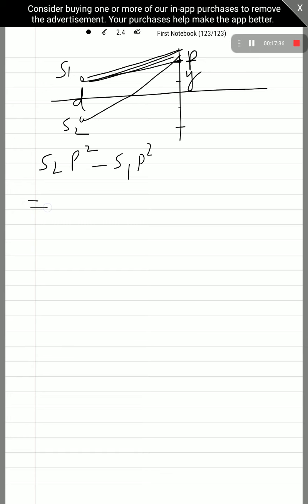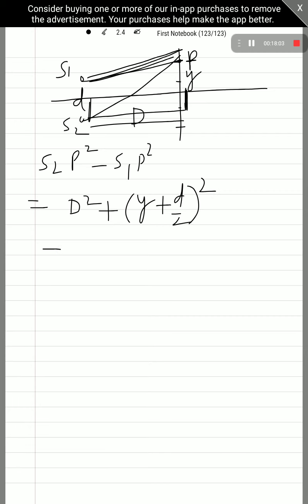For S2P, it will be capital D square plus (y plus d by 2) square, because for this triangle, this is the additional length, d by 2. Minus, for S1P, D square plus, I'll write a bracket, (y minus d by 2) square.